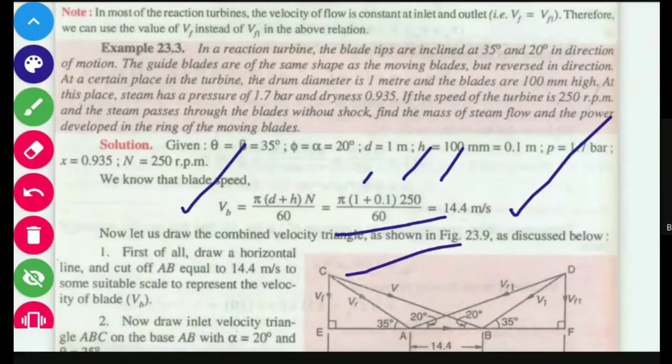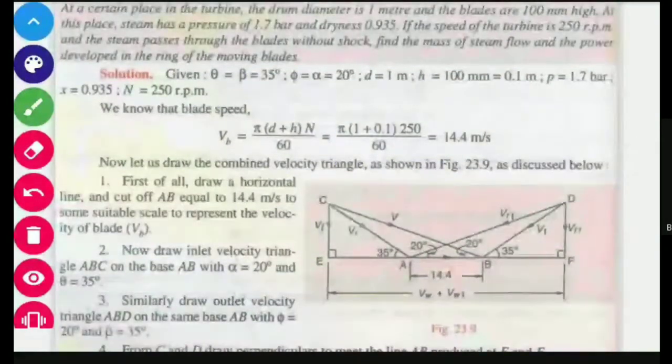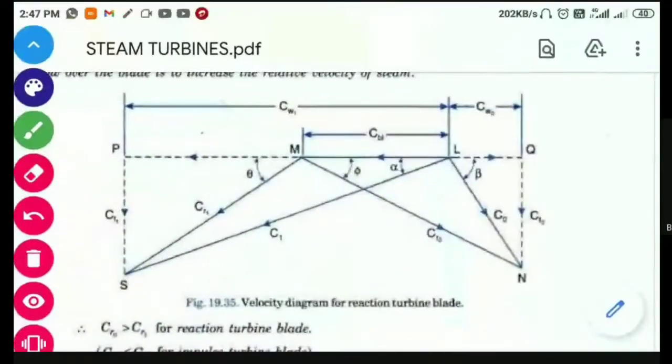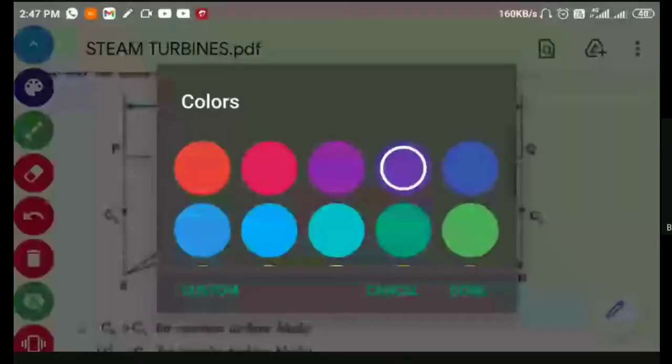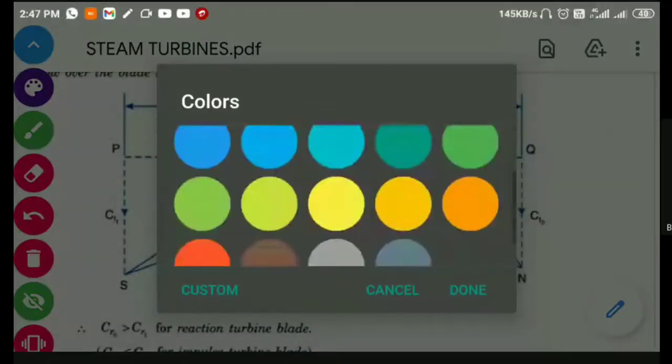Once you get u and all the angles, you can easily draw the velocity triangles, similar to the earlier procedure. Initially, draw the u value.